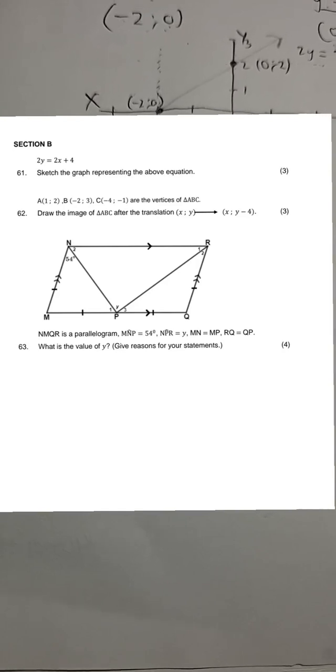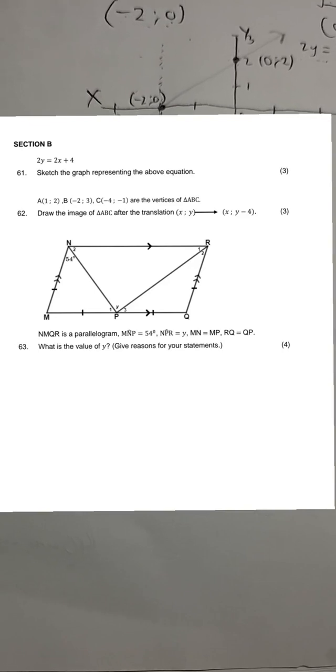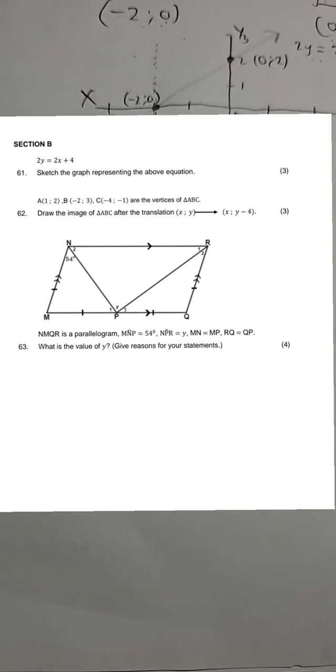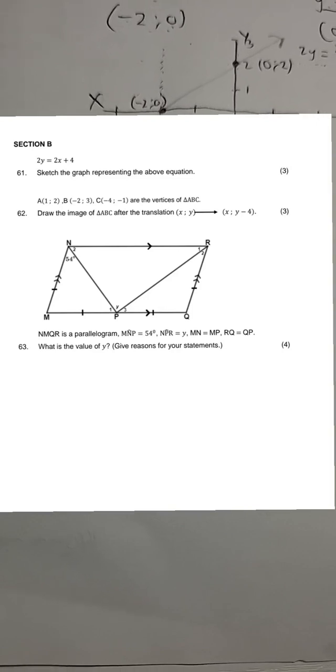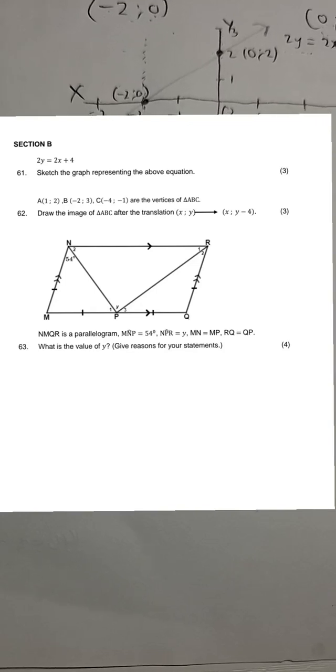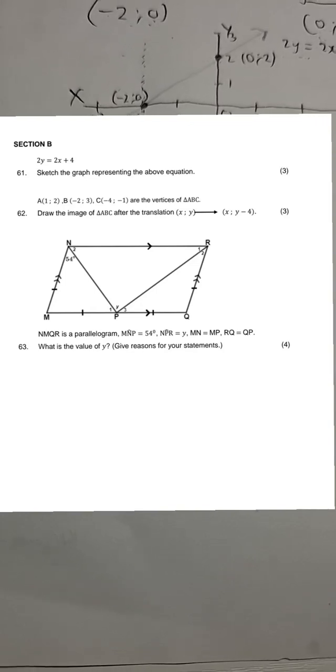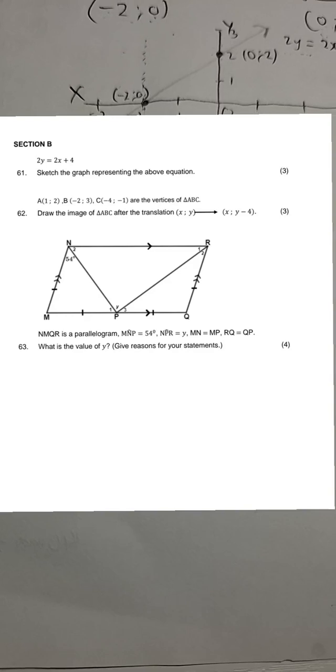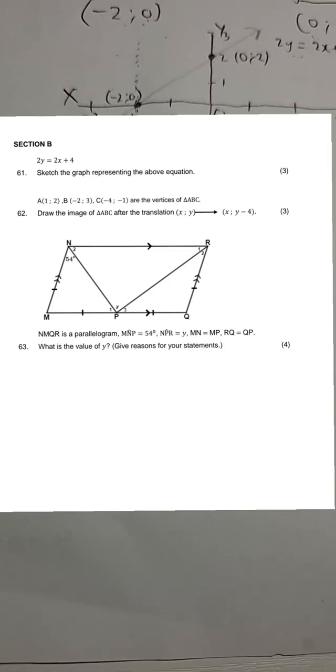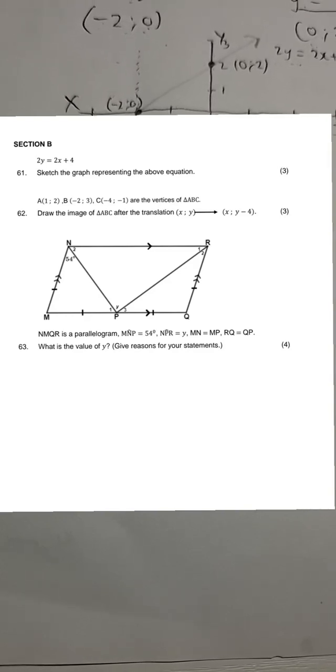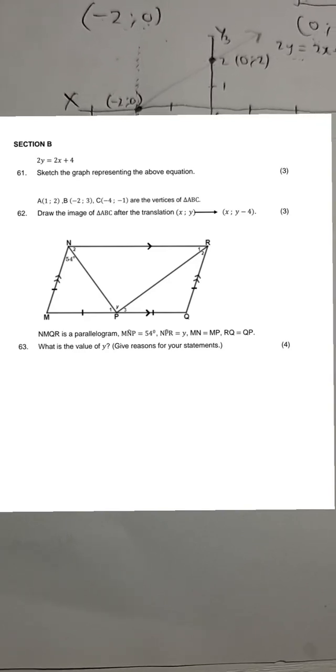It means that our triangle is going to move 4 units what? Down or up, guys? If we are subtracting 4 from y, what is happening to the triangle? Is it moving up or is it moving down? What do we understand, guys? Because the transformation here, we are told that x stays the same, because x is still x after the transformation, but y, we are subtracting 4 from y.